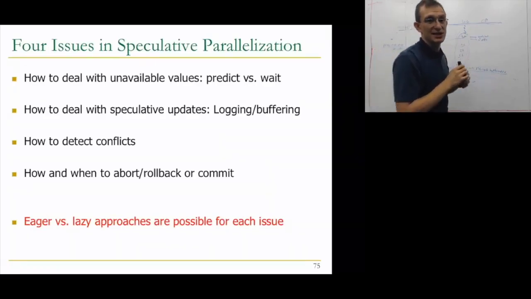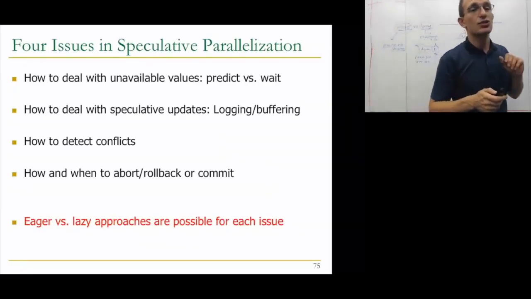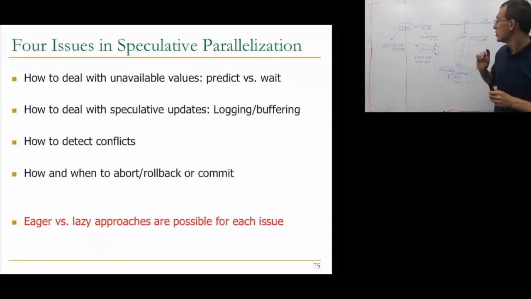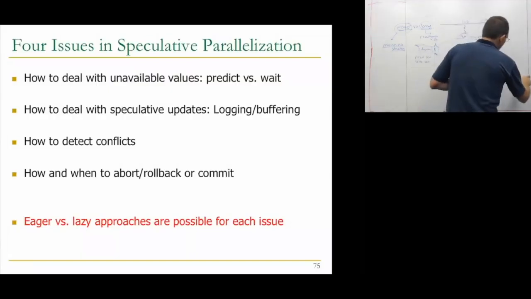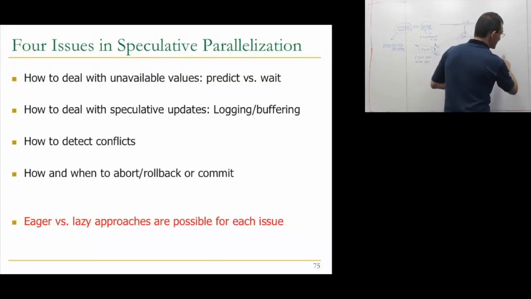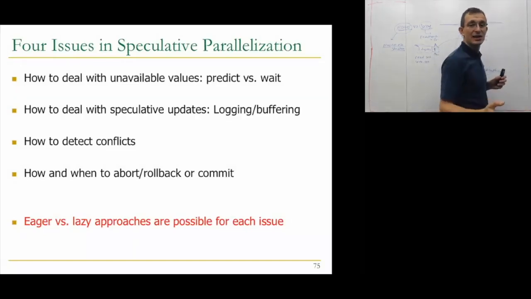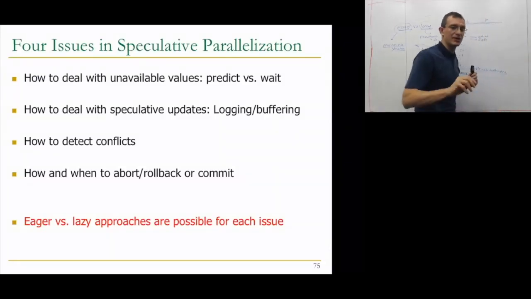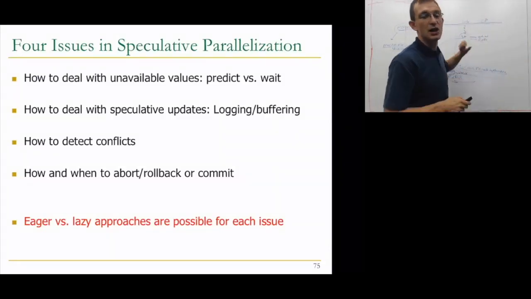So this issue doesn't exist as much in speculative lock elision. Although you could view the potentially dynamic data conflicts between two critical sections as an unavailable value for another instance of that critical section, we're not going to view it that way. We're going to view that as a conflict.